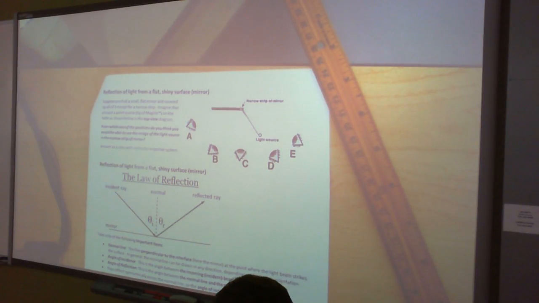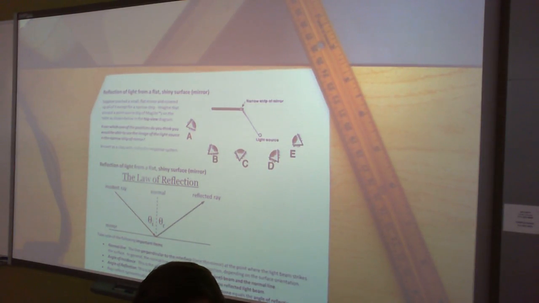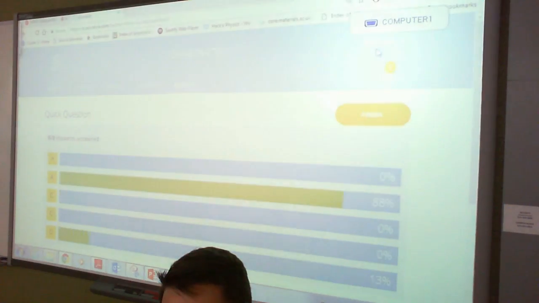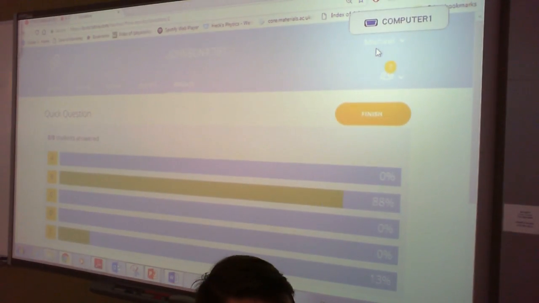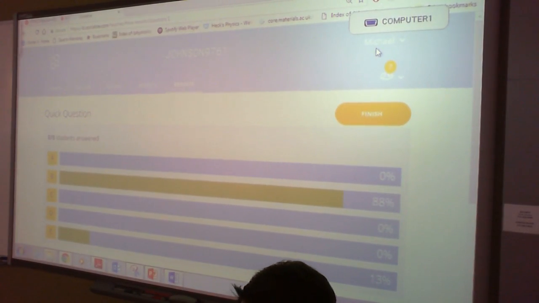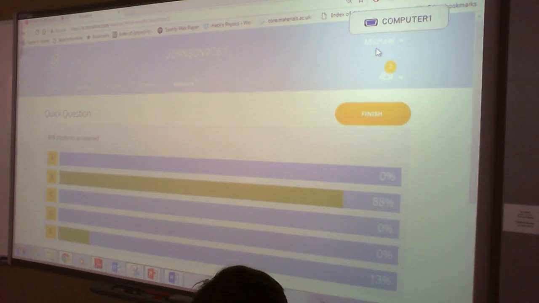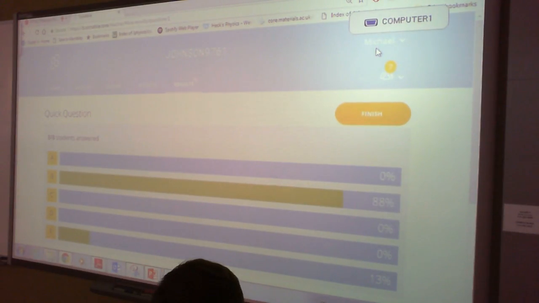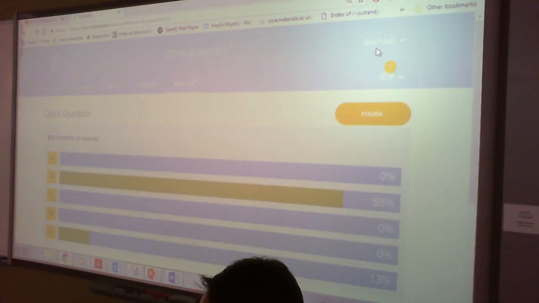All right. So most people are saying B. 86% here are saying B. And I agree with that, because as you learned in the lab tutorial that you did, the reflected light comes out at an angle that's the same as the incidence angle.